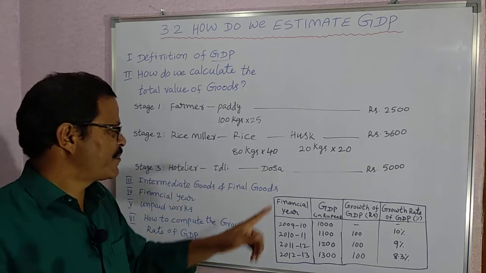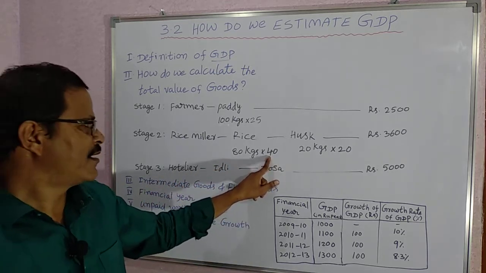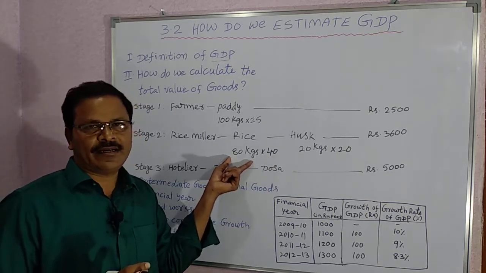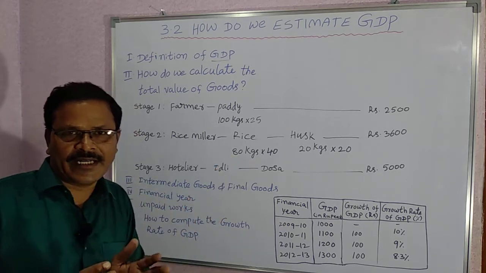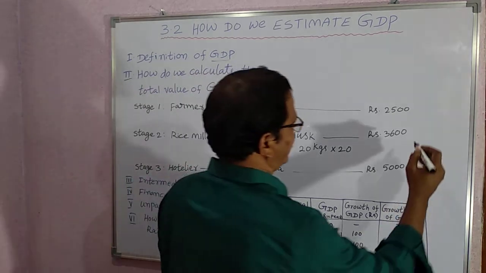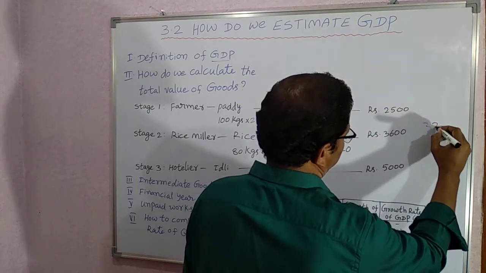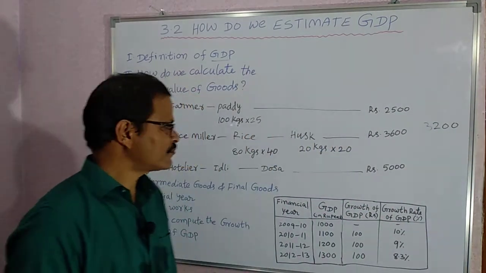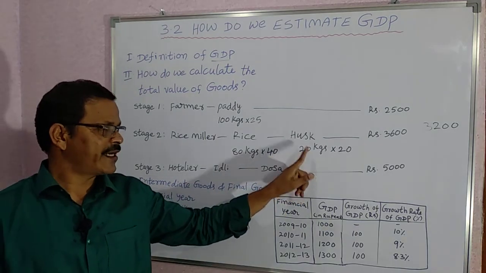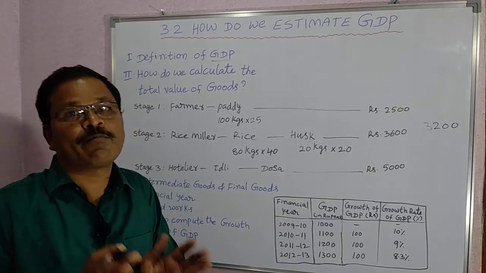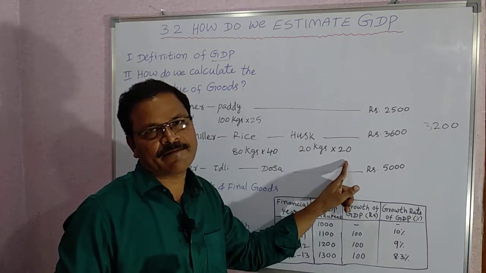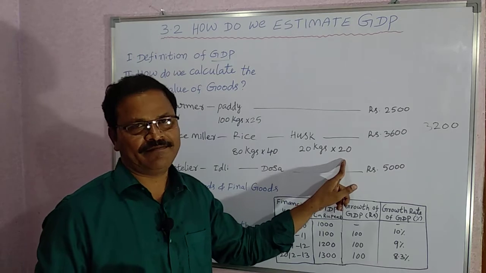Rice is sold at 40 rupees per kg. He sold 80 kgs at 40 rupees per kg. 80 into 40, 3,200 rupees. He sells 20 kgs of husk at 20 rupees per kg. 20 into 20, 400.